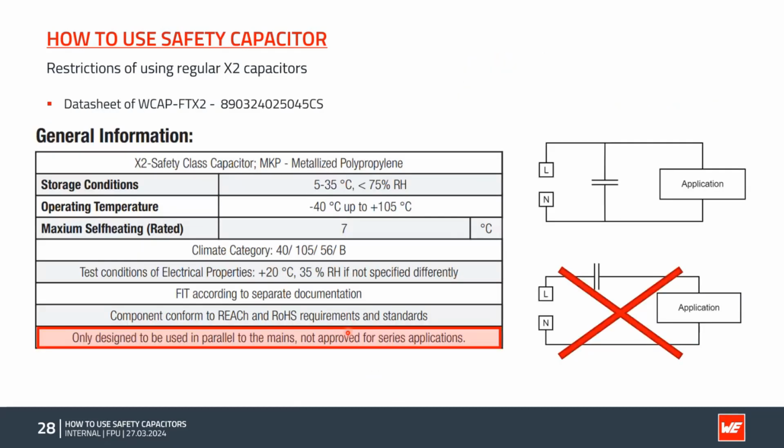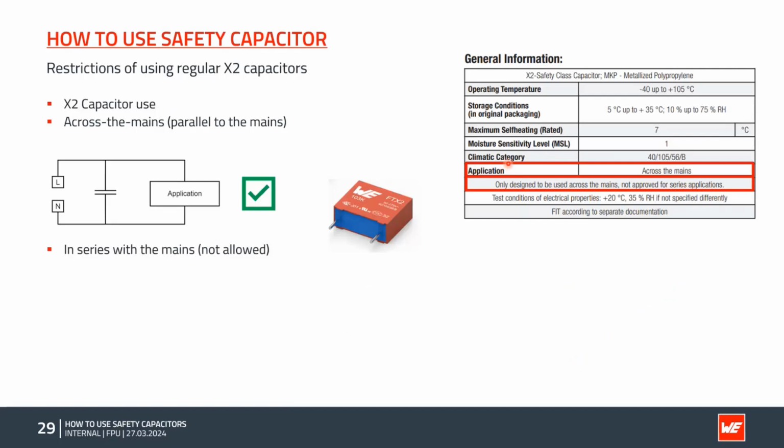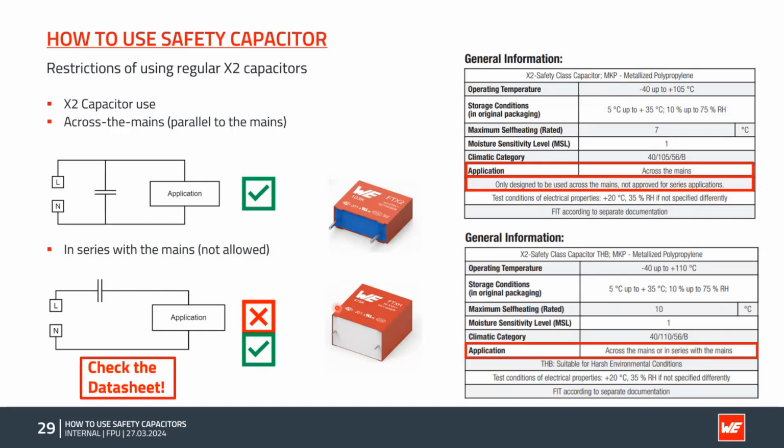There's also some change in the data sheet for us. I just want to make you aware of it, that we also replace the clearly application, where you can use it across the mains, for the normal film X2 capacitors. And then we have this special series I mentioned, THB, which has a better enclosure and better performance also in harsh environments.